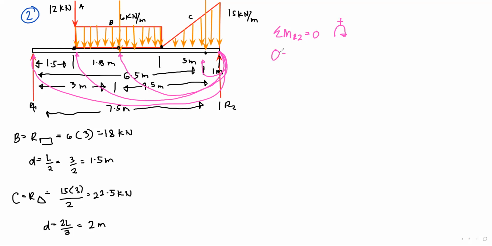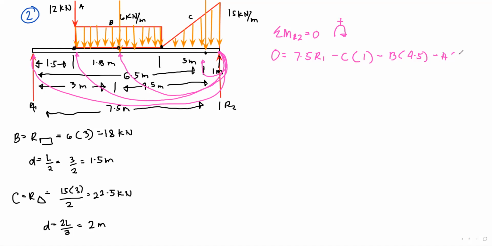Okay, 7.5 R1 minus C, from R2 to C, minus B, which is 4.5, minus A, which is actually 6, 3 plus 3.